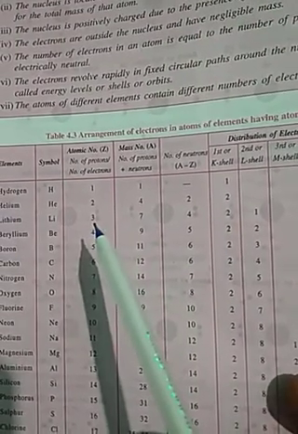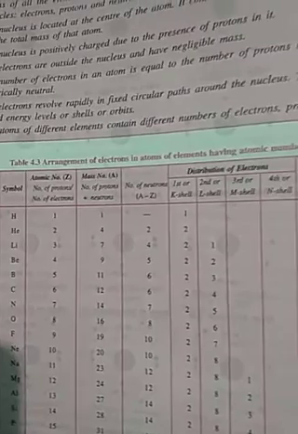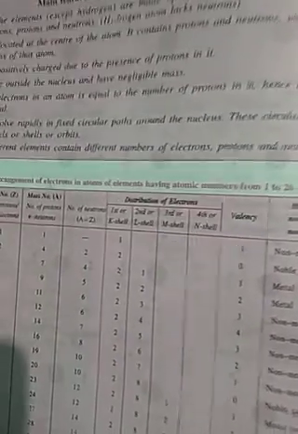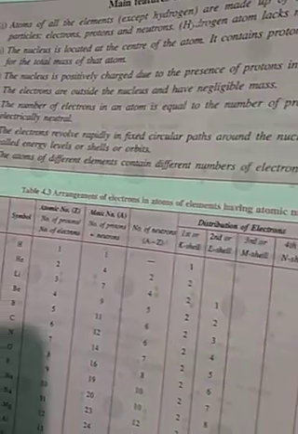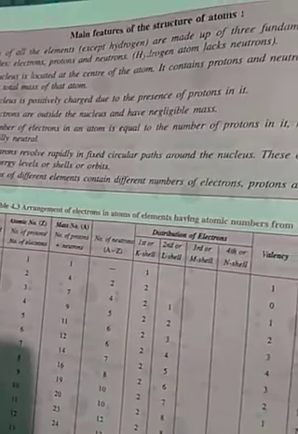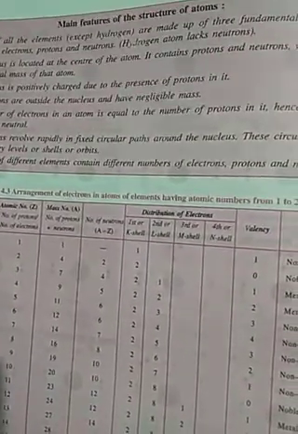If they have different numbers of electrons, they will have different numbers of protons. So it has been found that no two elements can have the same number of electrons present in the atom.